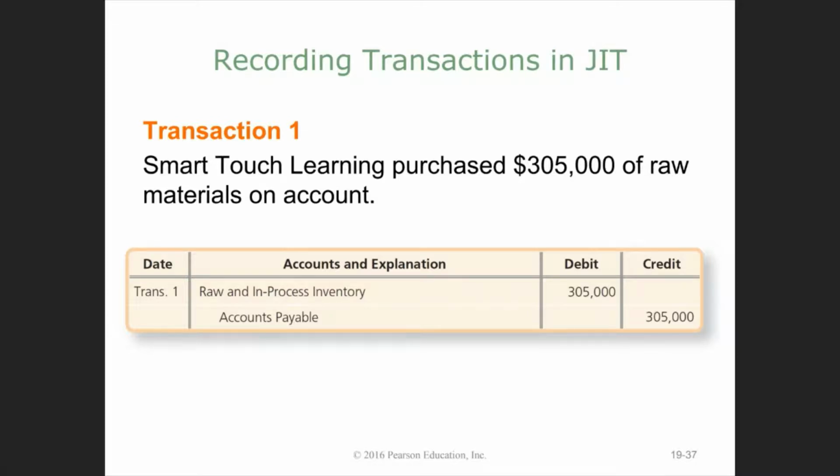We credit accounts payable because it's not cash. Because it's on account. It's not cash, it is on account. Good job. So we're putting it in the accounts payable account because we still owe it. We got the materials on account. So we have to record that we still owe that money. Good job.